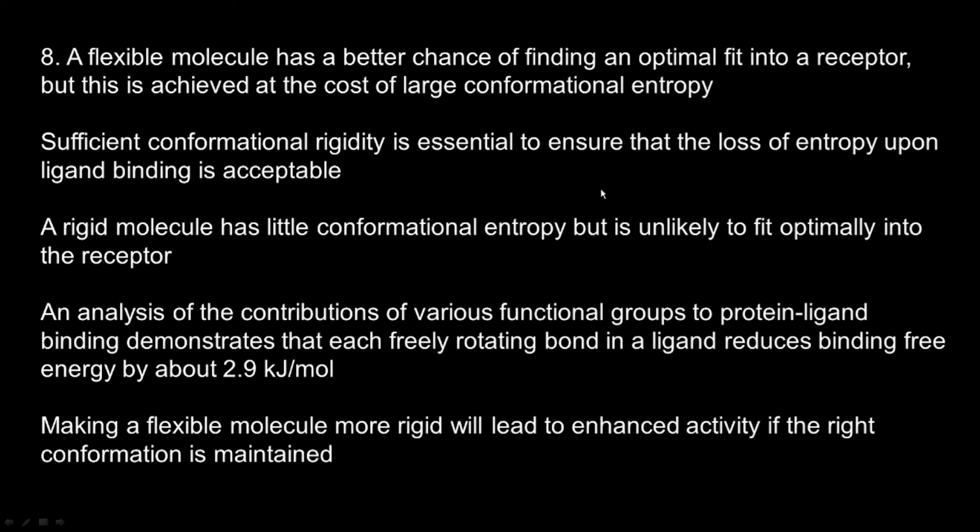conformational entropy. Analysis of contributions of various functional groups to protein ligand binding demonstrates that each freely rotating bond in a ligand reduces the binding energy by 2.9 kilojoule per mole. So if you have 1, 2, 3, 4 flexible bonds, it keeps on reducing by 2.9 kilojoule per mole. Making a flexible molecule more rigid will lead to enhanced activity if the right conformation is maintained.